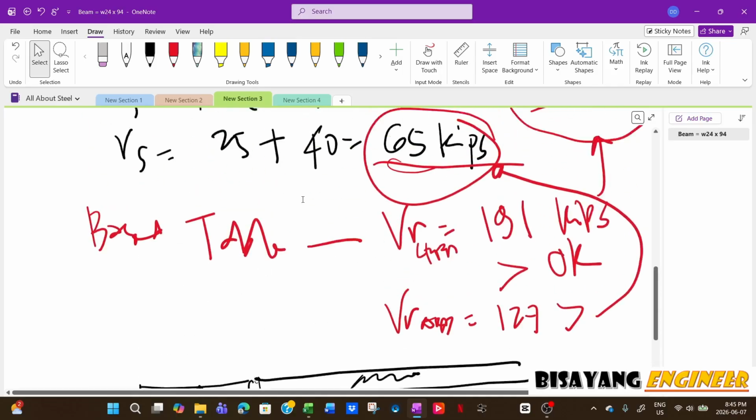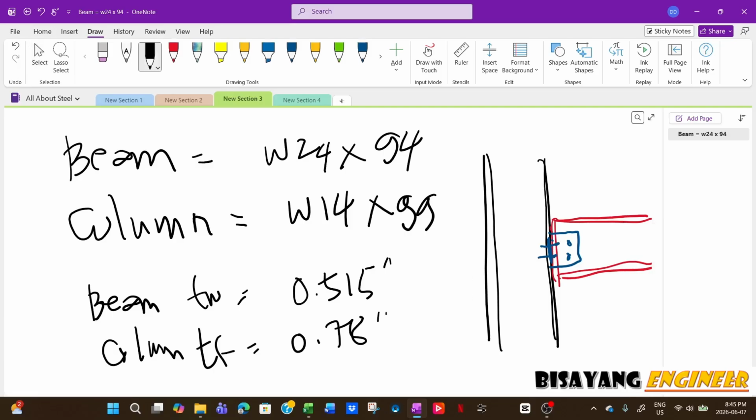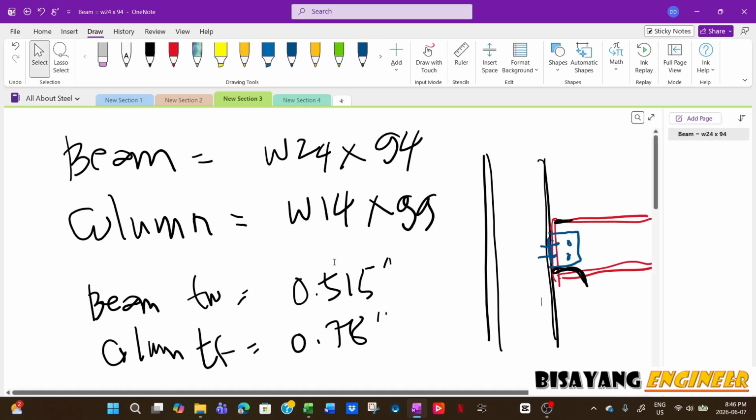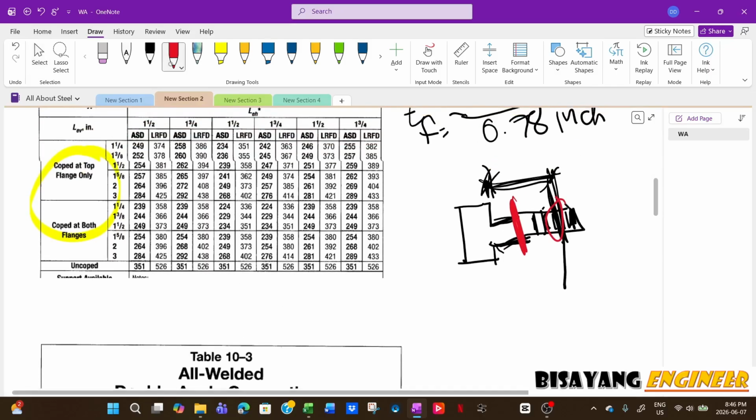Now, if you remember, our connection is from a beam to a column. Therefore, you don't need a cope here. In some cases, you will need a cope at the bottom flange. But in this connection we will use the table for the uncoped section, because you don't need the beam to be coped on that one.